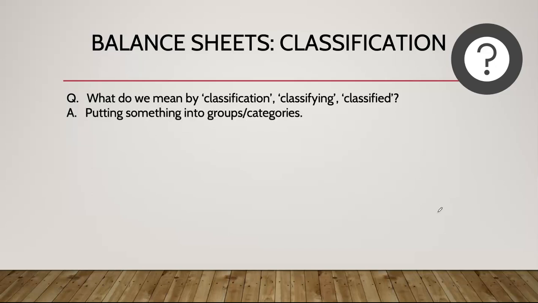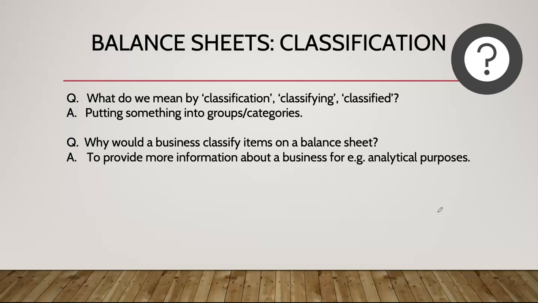I'm literally meaning putting something, our assets, liabilities, or owner's equity, our assets and liabilities predominantly, into specific groups or categories. So why would a business want to put these assets and liabilities into separate groups?